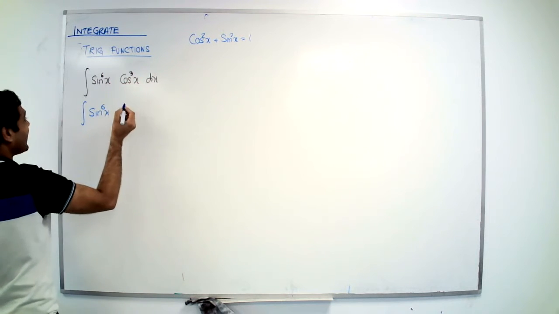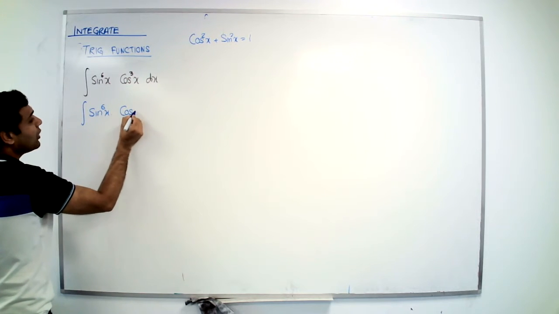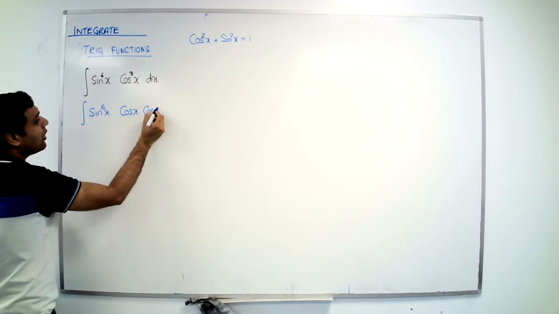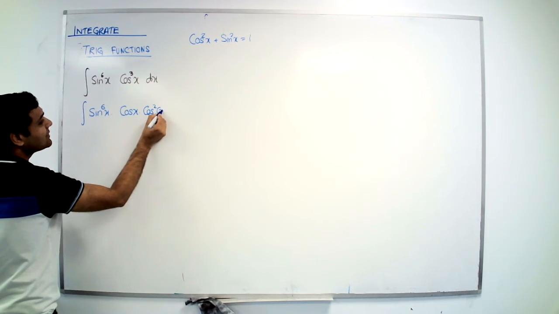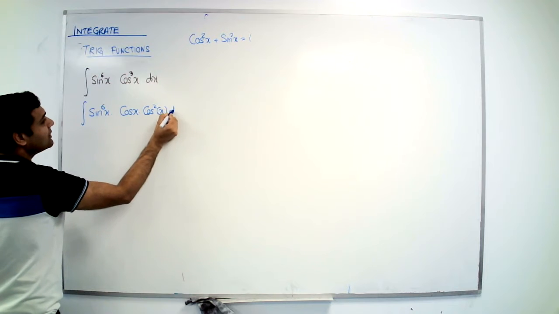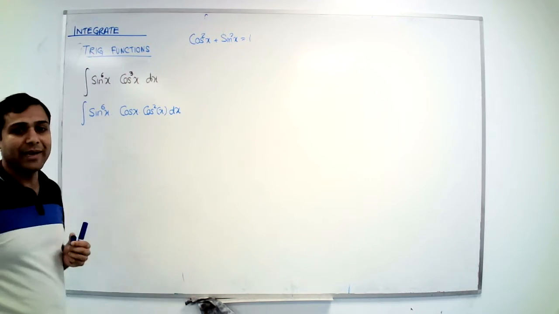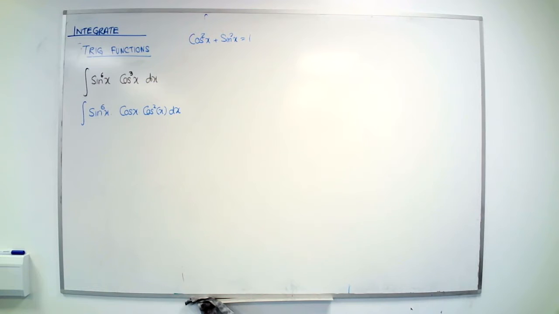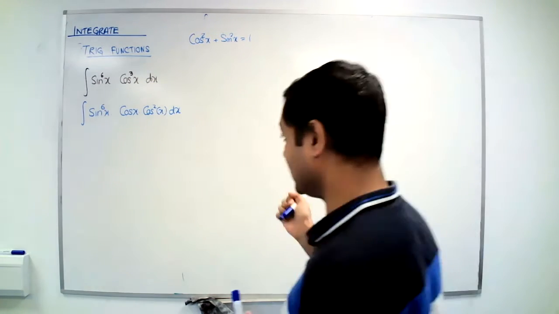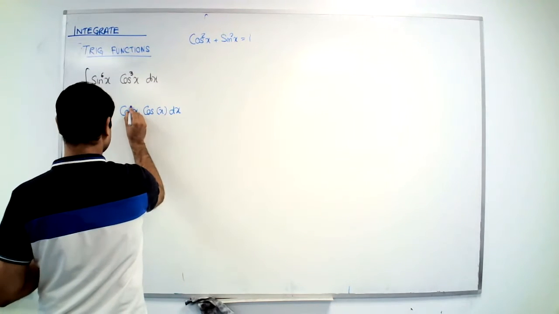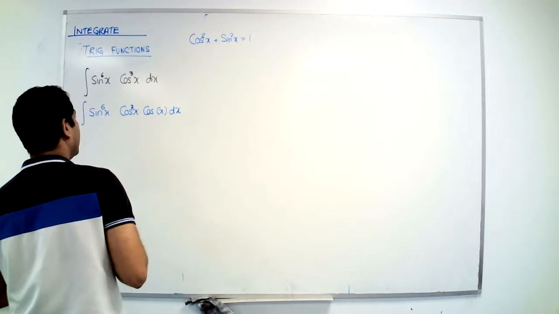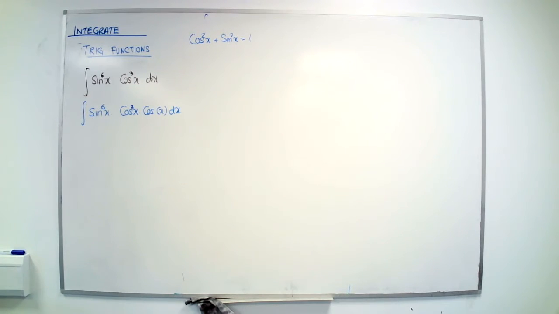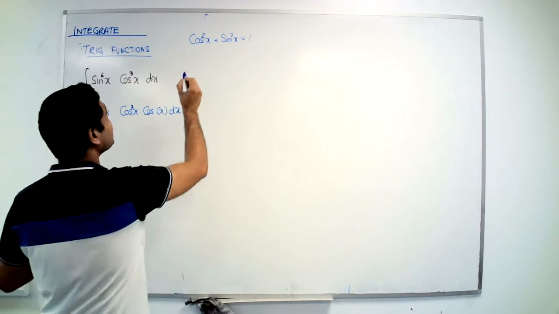This cos cube x, I will break it into cos x and then cos square x dx. Or actually, let's do it the other way around, it's much easier. Now, I know cos square x is how much?